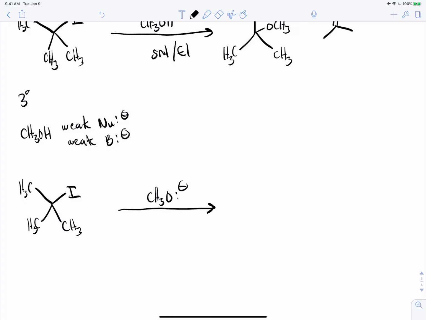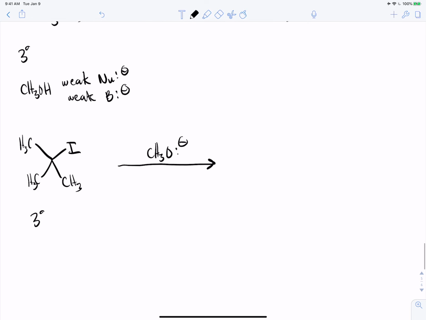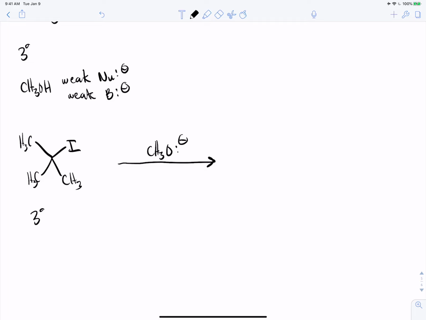So we've got a tertiary substrate, which generally favors SN1 and E1, but in the example, they have sodium methoxide. I've just already written it as the anion. We have something that is a strong nucleophile, but it's also a strong base.